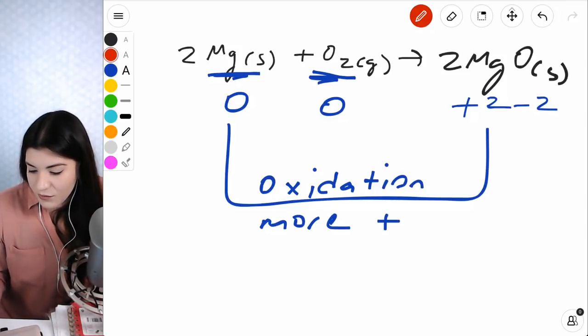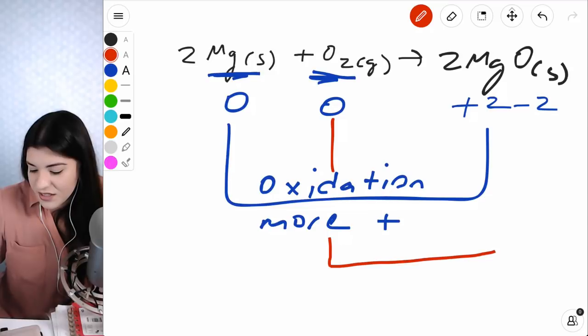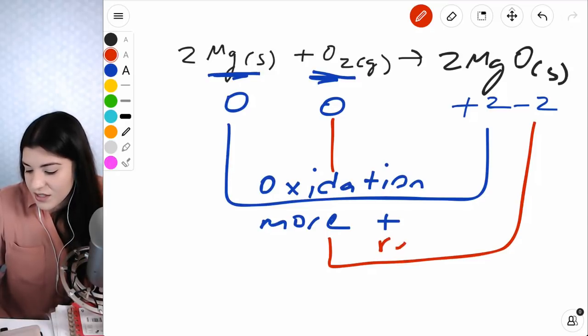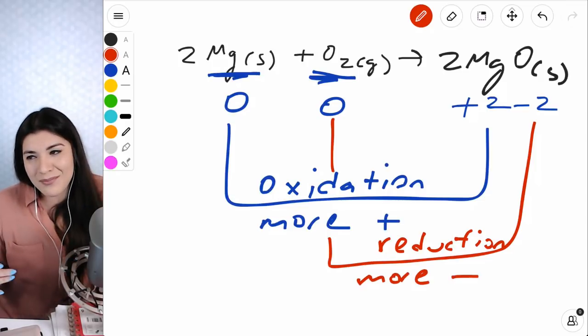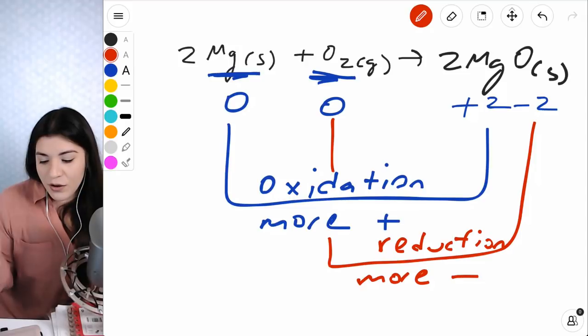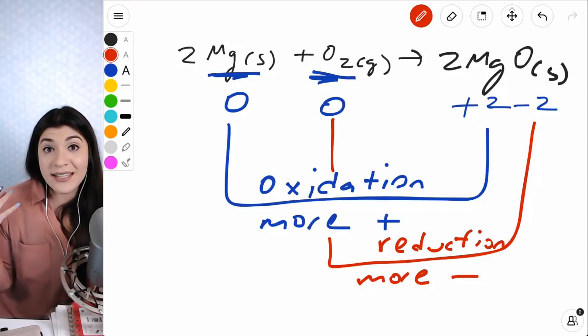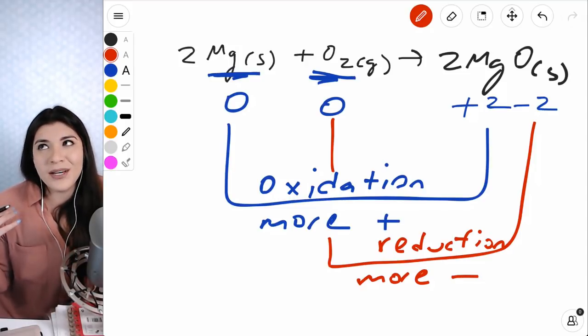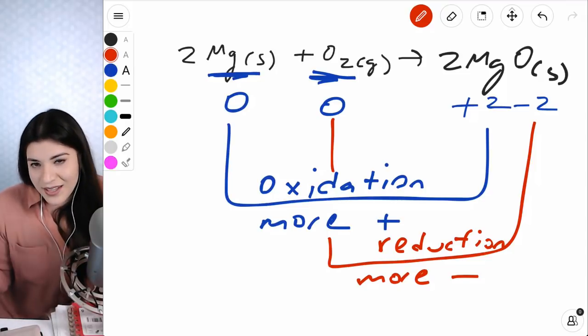Looking at oxygen, this is reduction because our oxidation numbers became more negative. You could also think of it as, you gain negative thoughts in your mind, you become more negative. Okay.